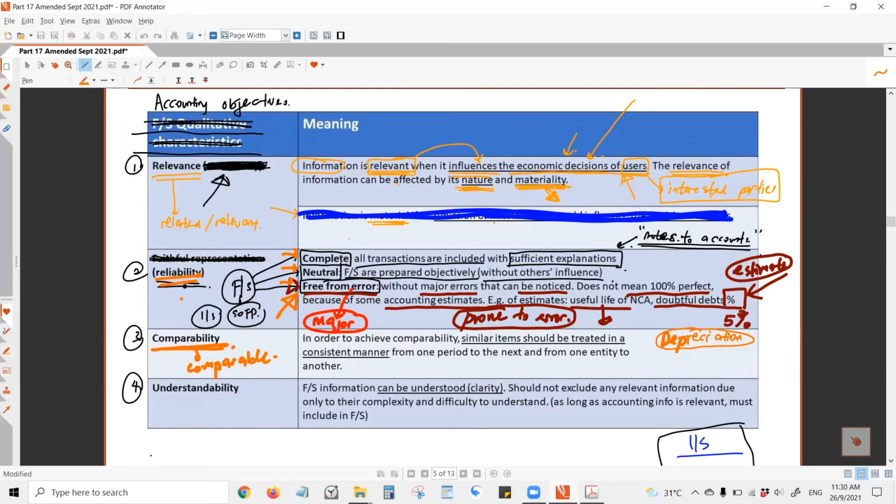For example, you have bought furniture into your business. If you have been using the reducing balance method, then you should not change your method. You must apply consistency, and you apply the same calculation method to the same category of NCA.